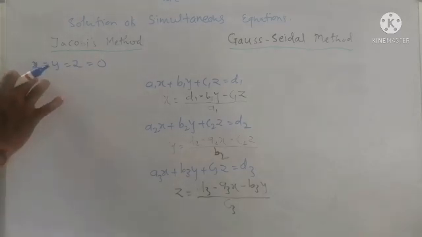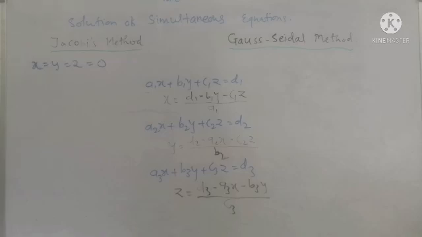By using x, y, z equal to 0, that means to find the value of x we take y and z as 0, to find the value of y we take x and z equal to 0, and to find the value of z we take x and y as 0.